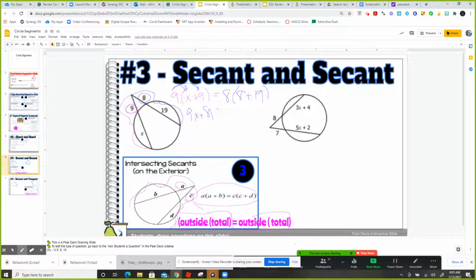And then here, I'm going to add these and then multiply. So 8 plus 19 is going to be 27. So I'm going to do 8 times 27, just because PEMDAS suggests that I do the parentheses first. So then 9x plus 81 equals 8 times 27 is 216. And then what's the next step in solving that?